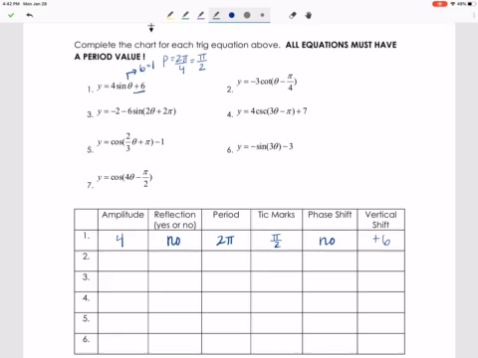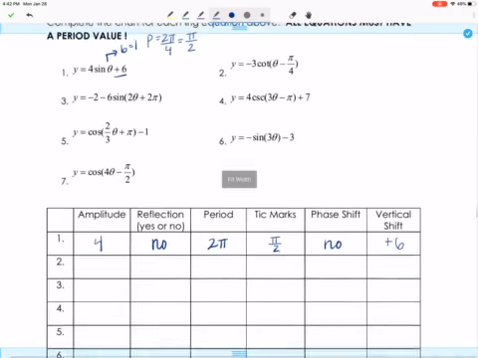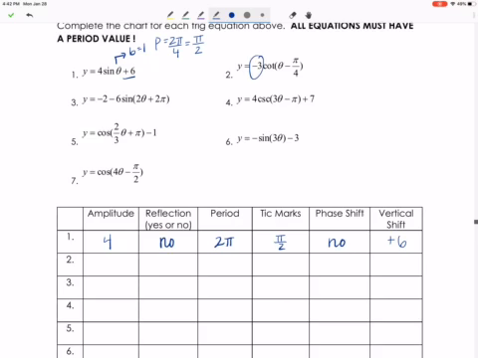For the second one, negative 3 cotangent of theta minus pi over 4. Amplitude. Please don't be tempted to say negative 3. While yes, there is a coefficient of 3 out front, cotangent has no amplitude because remember there are no maxes or mins, so my amplitude is none.